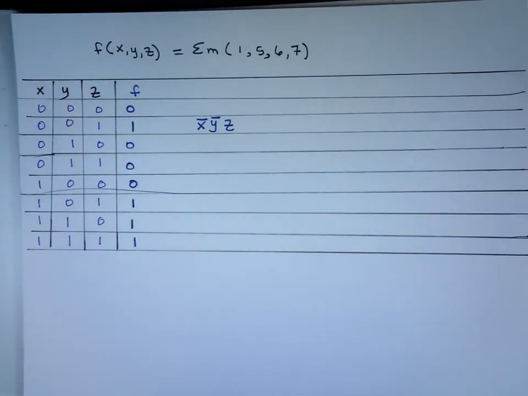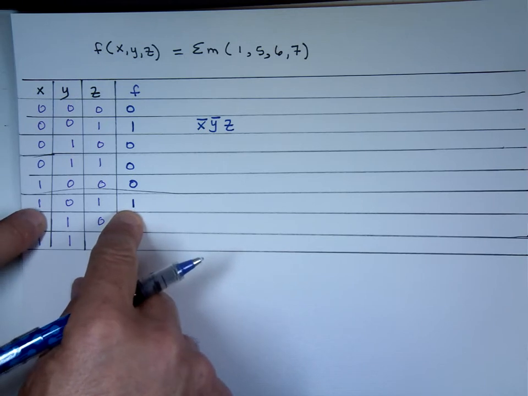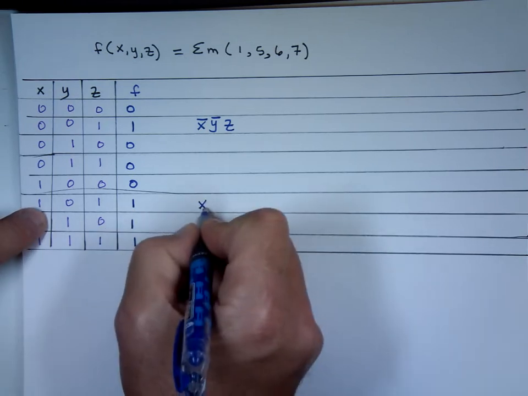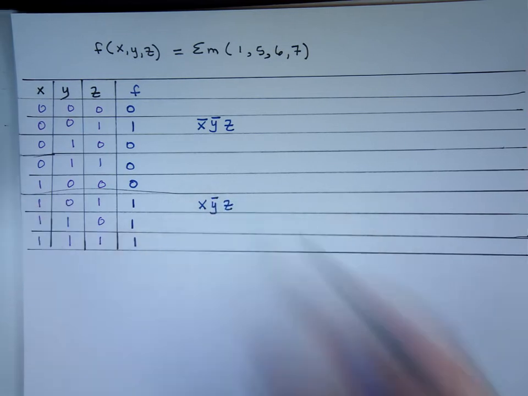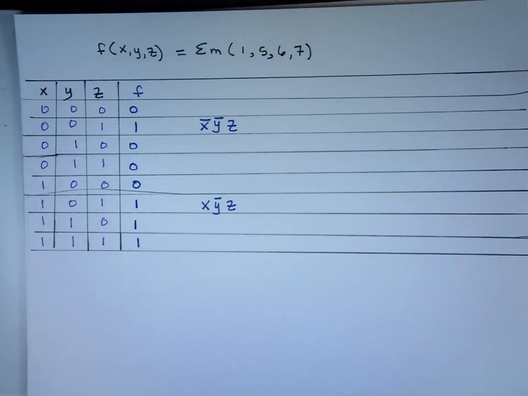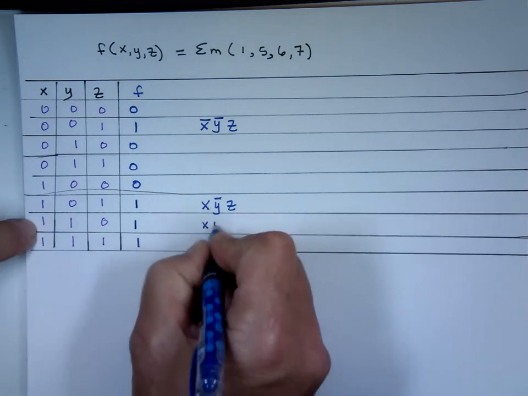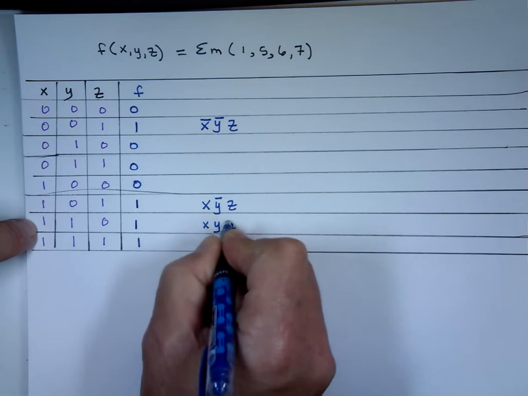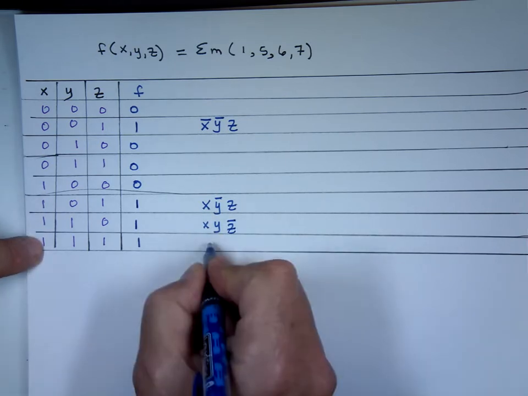You sum them. So now this one, you're going to have a value of 1 when x is what? You want x to be alone, y complemented, then z. When it's 1, you leave it alone. When it's 0, you complement that. For the 6, x is 1, y is 1, z not. And for the 7 is what?